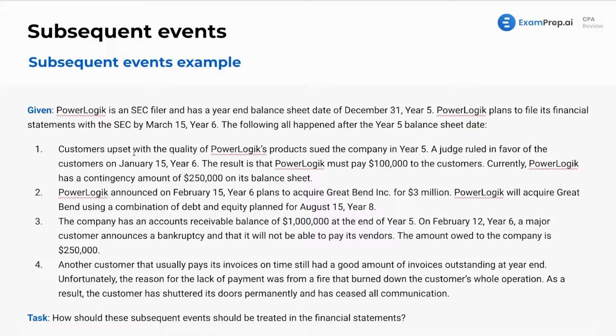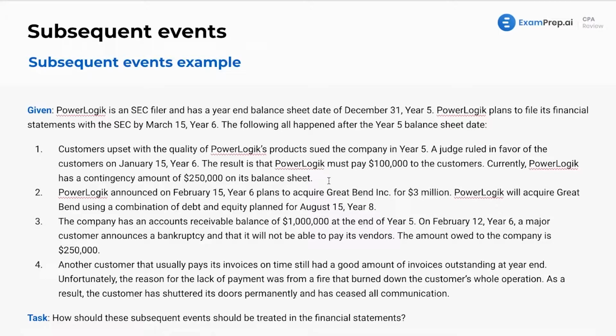So customers upset with the quality of PowerLogic's products sued the company in year 5. A judge ruled in favor of the customers on January 15th, year 6. The result is that PowerLogic must pay $100,000 to the customers. Currently, PowerLogic has a contingency amount of $250,000 on its balance sheet.